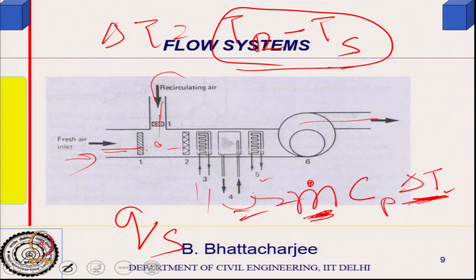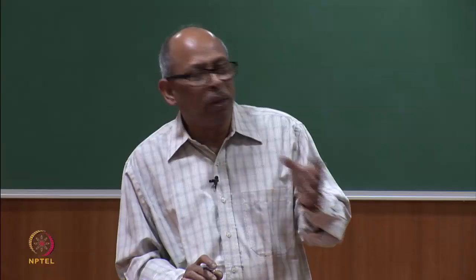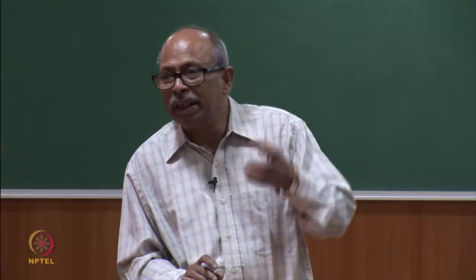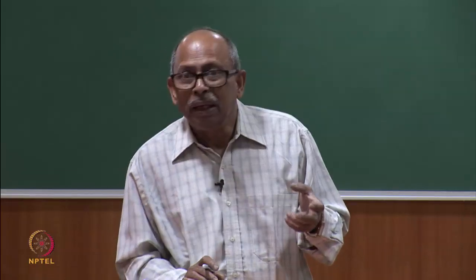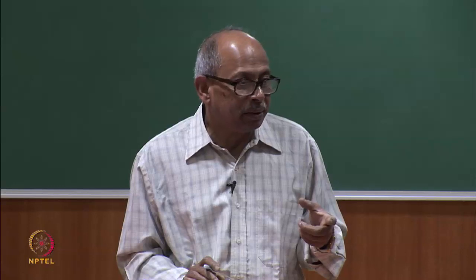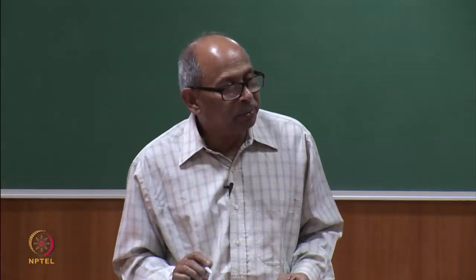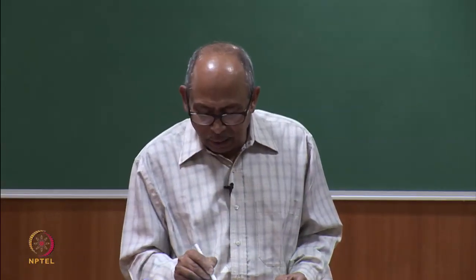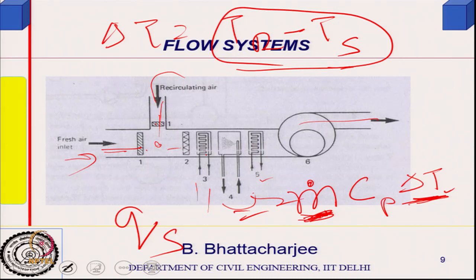Its implication is that you need more insulation, if it is a centrally conditioned system, right. So the cost of insulation will increase, but duct size will reduce, because my rate will be less.